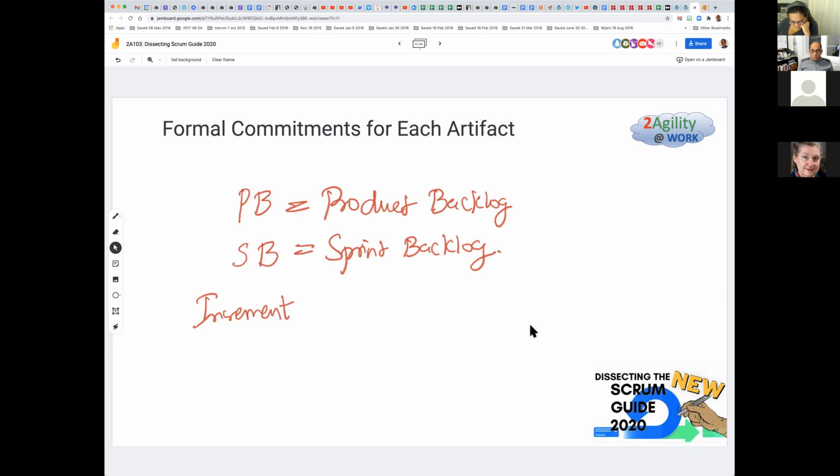We commit to a product backlog in a sprint by understanding the product goals. So the commitment from the product backlog to the sprint backlog happens during planning. When we do planning, we take a portion of the product backlog to create the sprint backlog, keeping in mind the product goals.